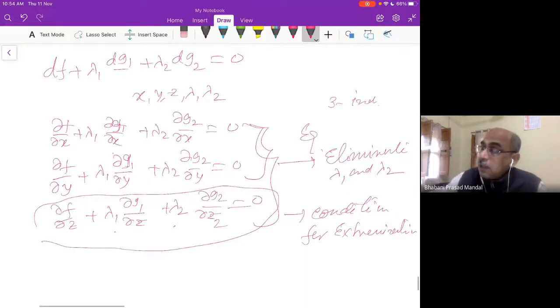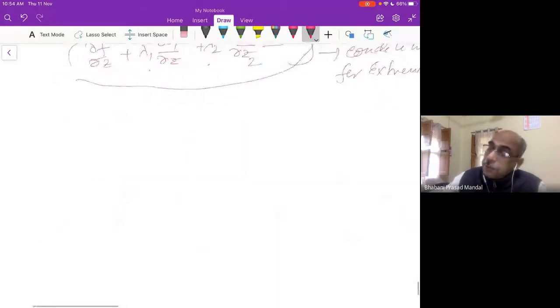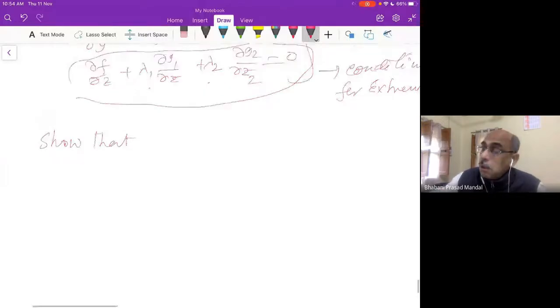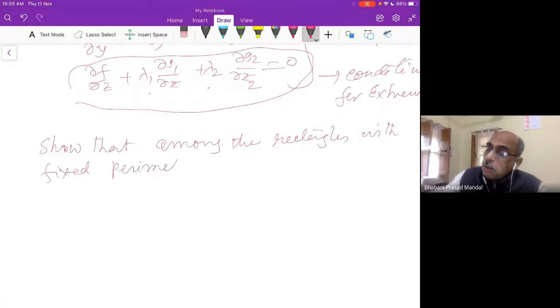Suppose this is a school children problem: show that among the rectangles with fixed perimeter, the square has maximum area.